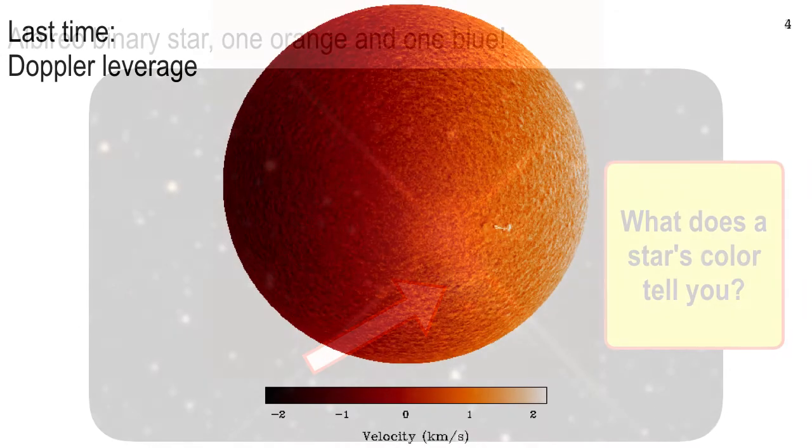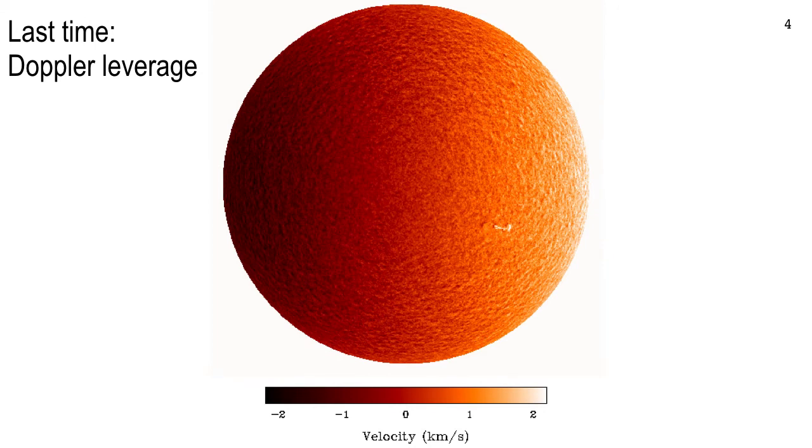Now, I want to reinforce some stuff that we talked about last time. Specifically, this particular diagram we talked about, a Dopplergram for the Sun, and I want to reinforce something I was a little bit unsure of. I made sure I double-checked it. I was right.